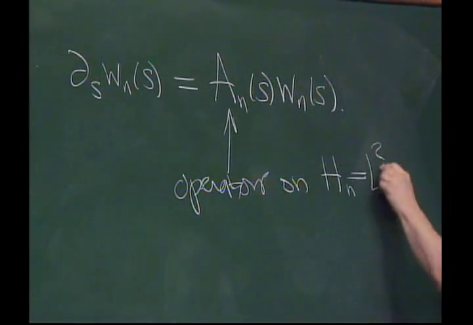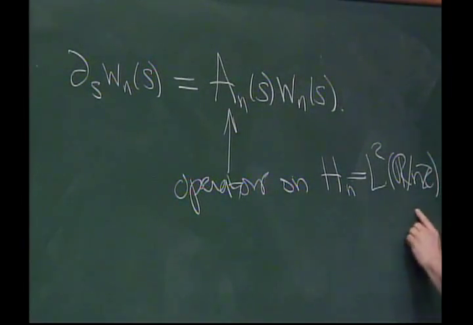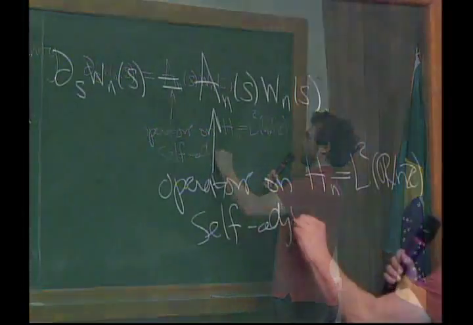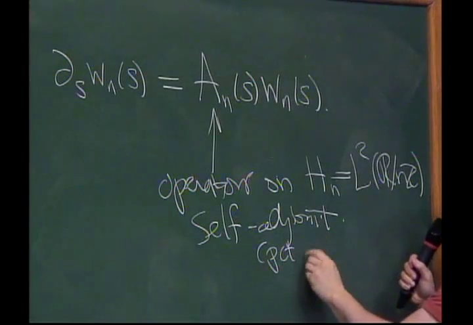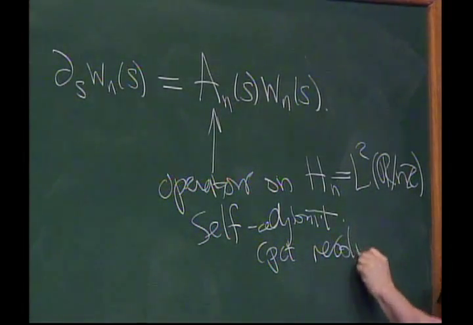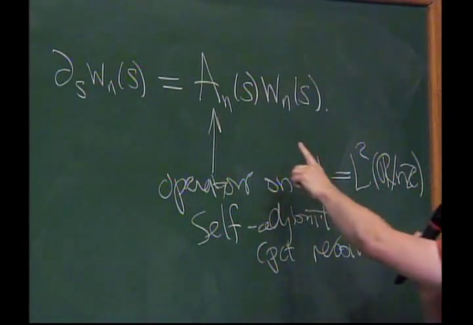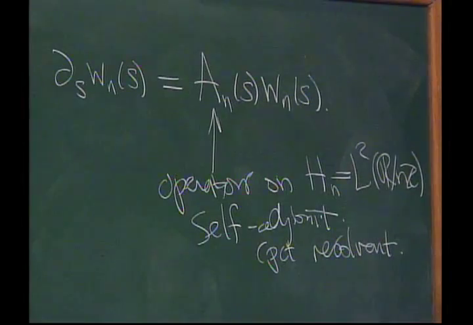Hn is L2 on the loops of size n, and these are all self-adjoint and have compact resolvent, so we've got a lot of nice things going for it. And in the integrable case, of course, this would be independent of s, and you can solve this explicitly.